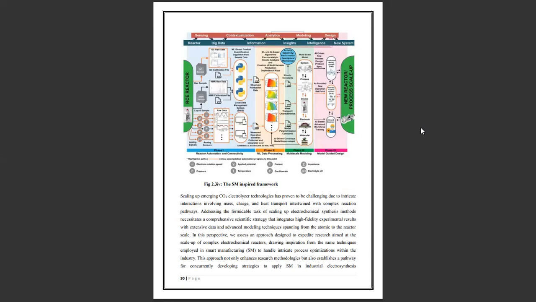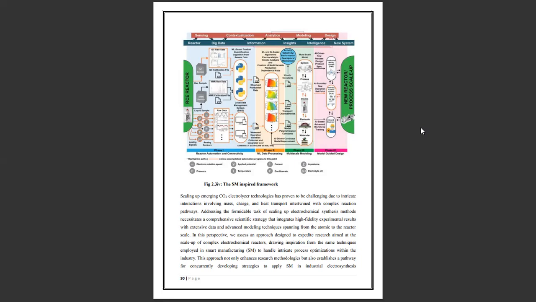Scaling up emerging carbon dioxide electrolyzer technologies has proven to be challenging due to intricate interactions involving mass, charge, and heat transport intertwined with complex reaction pathways. Addressing the formidable task of scaling up electrochemical synthesis methods necessitates a comprehensive scientific strategy that integrates highly experimental results with extensive data and advanced modeling techniques spanning from the atomic to the reactor scale.